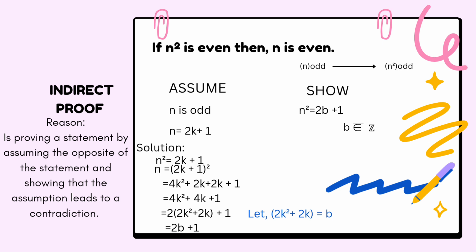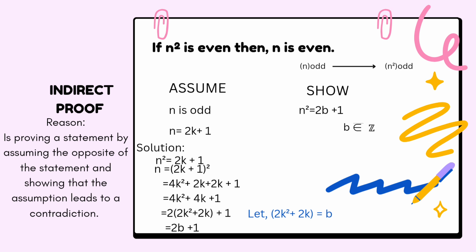Because in indirect proof, since the assumption is false, the conclusion must be true, that the conclusion is not even. So here we assume that n is odd, and also n squared is odd.